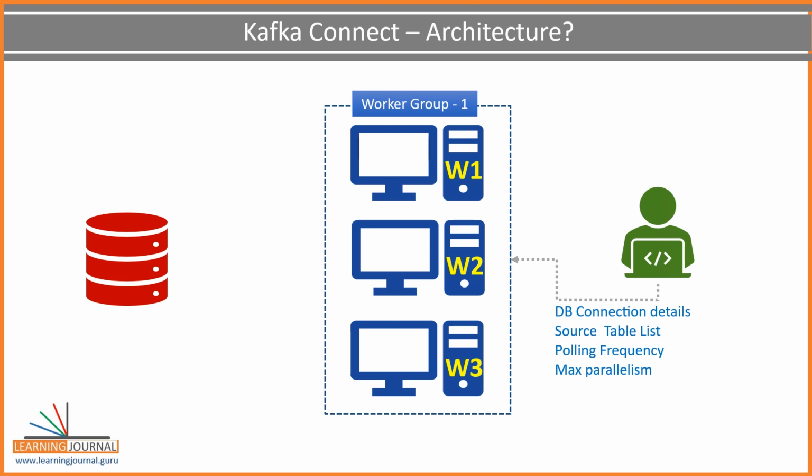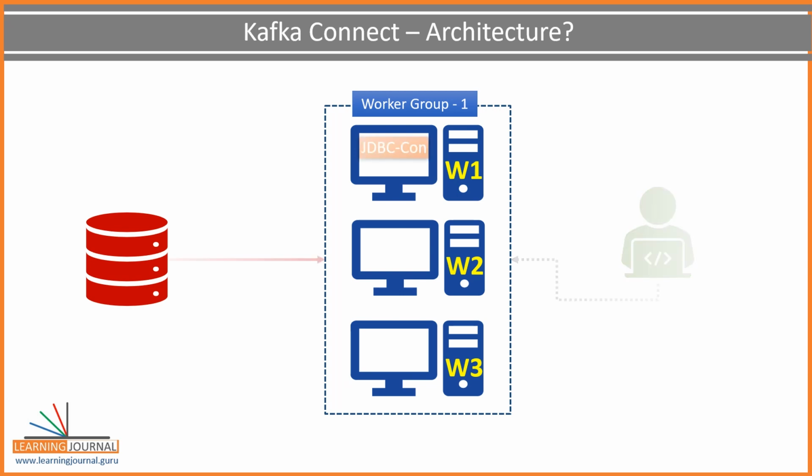All this configuration goes into a file and you will start the connector using some command line tool. Kafka Connect also offers you REST APIs, so you can even start the connector using REST API instead of the command line tool.